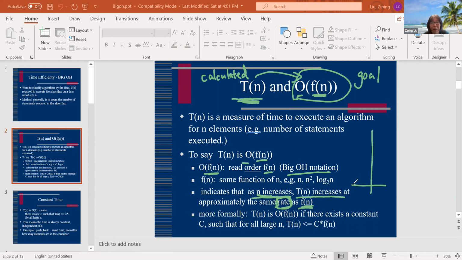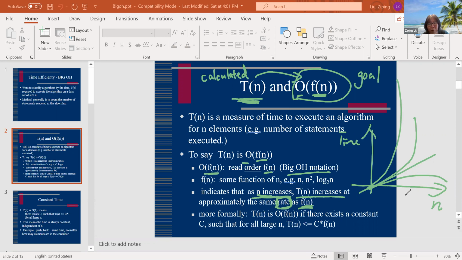So the idea is this kind of trend: linear, log, quadratic, or power. This tells you how the rate increases. This axis is the number of inputs, and this is the time to finish your program, to finish your algorithm.